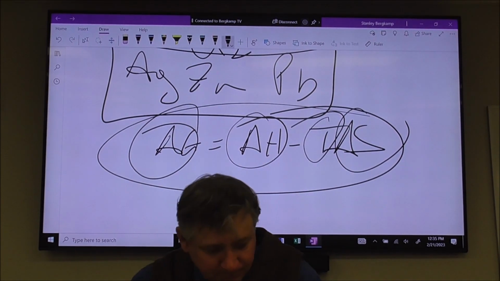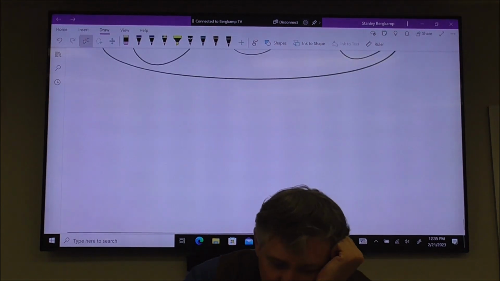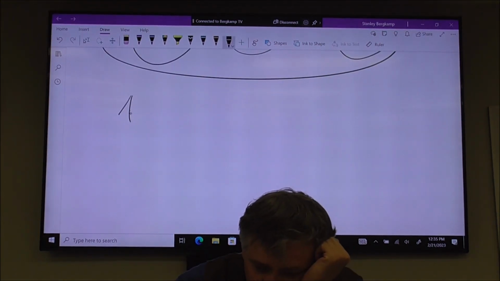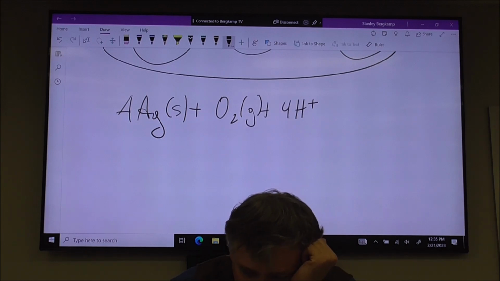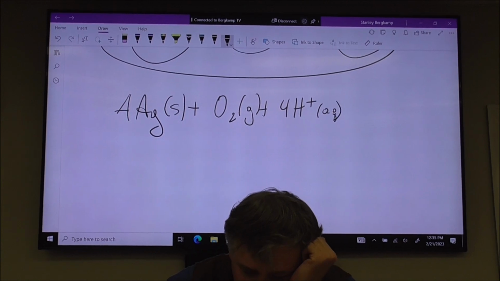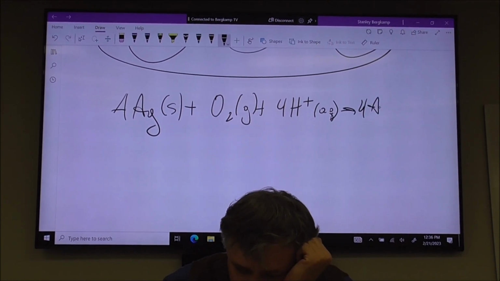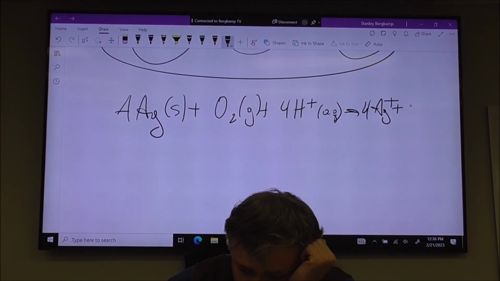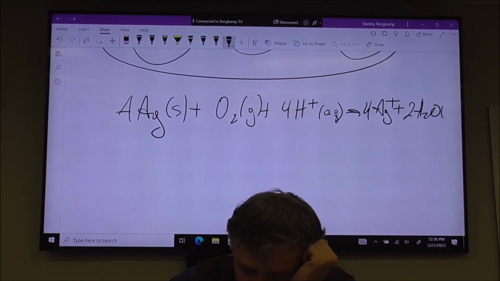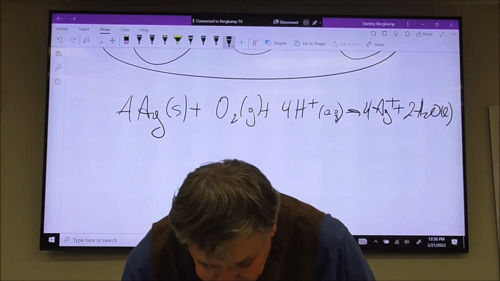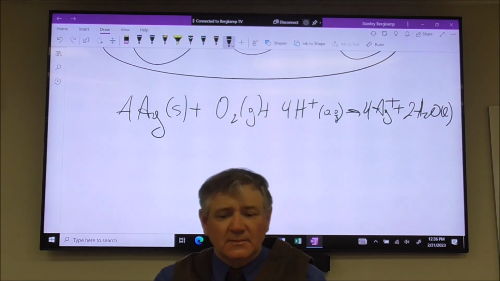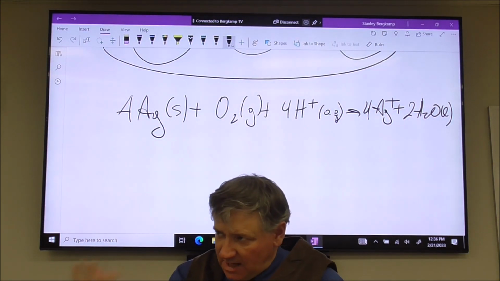So how this plays out, let's say that we're going to do this reaction. Basically, we're going to take elemental silver and let it be exposed to oxygen in the air.